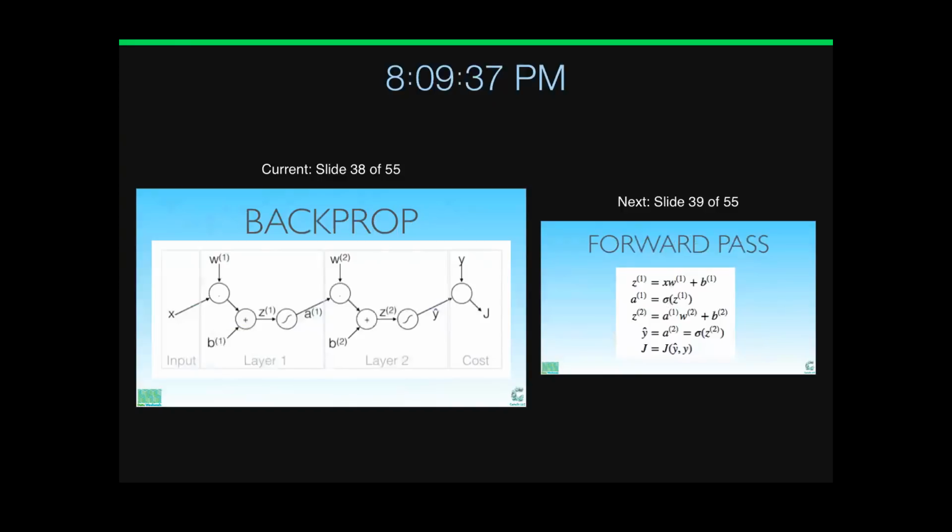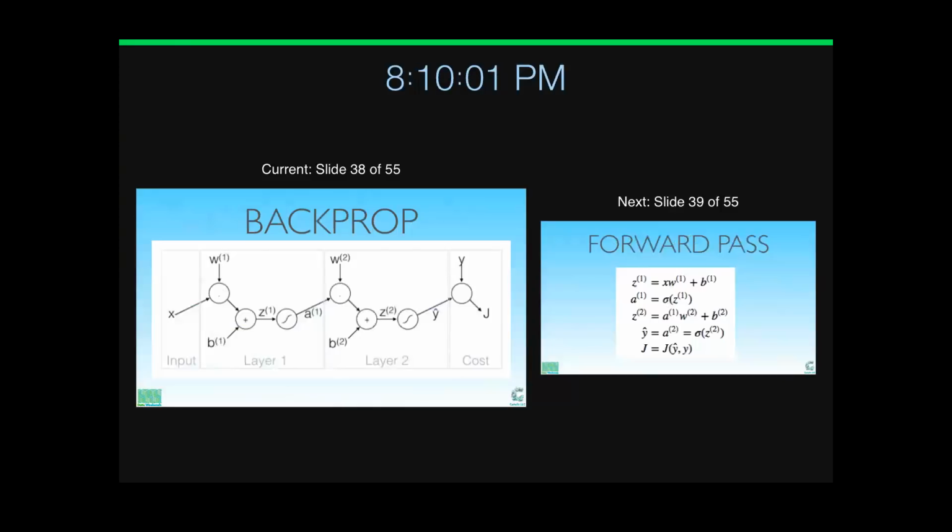What are my inputs? My inputs are X and Y, the label. What are my weights and biases? W2, B2, W1, and B1. So basically, when I calculate the gradients, I need to calculate the derivative of J with respect to 1, 2, 3, 4 parameters.